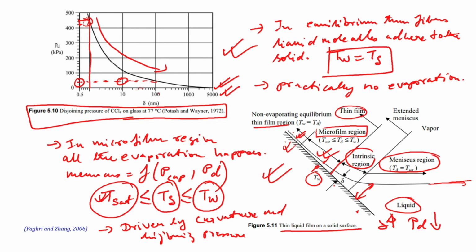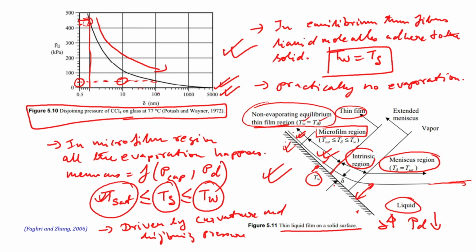We already established what the thin film region is, and the magnitude of the film thickness that is needed. So this is the thin film region. Now in the thin film region there exists a non-evaporating equilibrium thin film region where the wall temperature is the same as the liquid temperature. Then there is a microfilm region, where both the capillary pressure as well as the disjoining pressure play a major role.